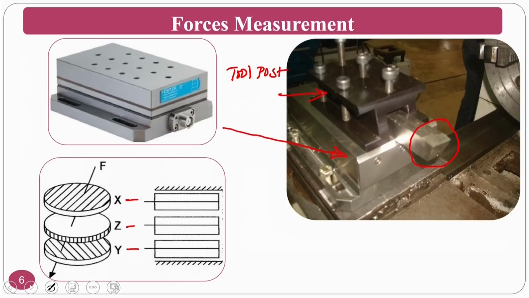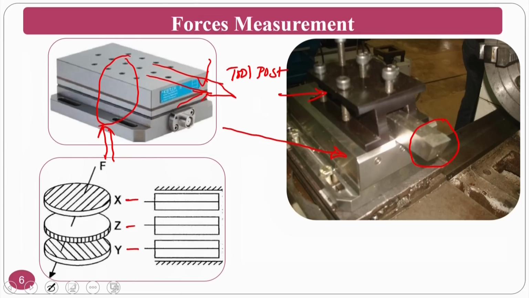Whenever a tool is mounted on top of it and forces are applied in different directions, the piezoelectric materials inside will deform, and whenever they deform, they give a certain voltage, microvolts or nanovolts or some volts, depending on the forces.